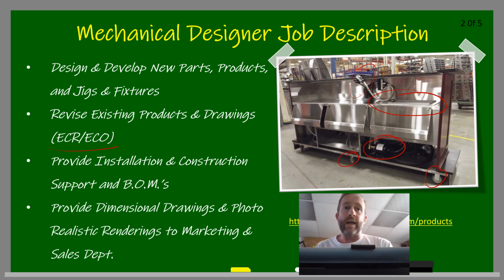Lastly, we have providing dimensional drawings and photorealistic renderings to marketing and sales. So for that end user, you want to help marketing and sales sell your products. If they can't sell your products, your company's not going to be able to make anything because there's nothing to sell. So sometimes your company is going to ask you to make renderings or provide drawings for sales and marketing.